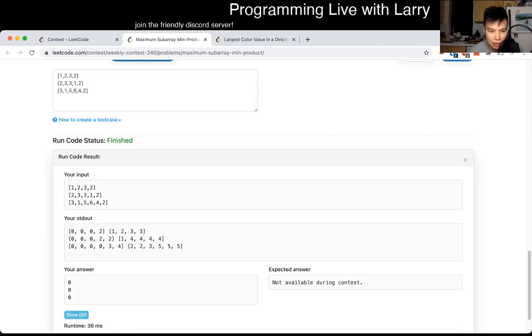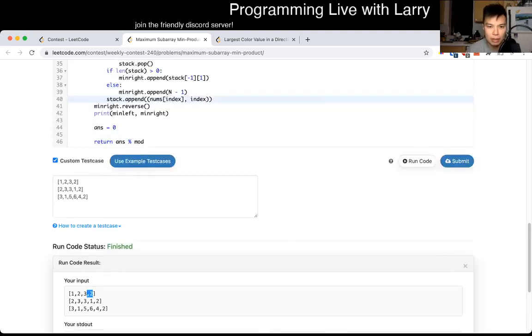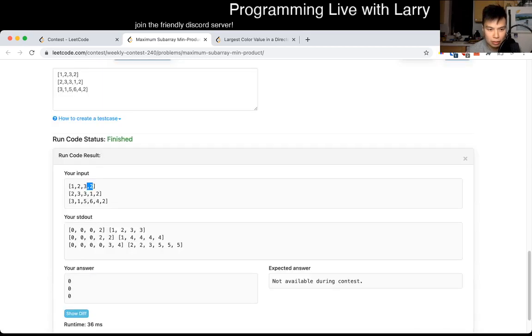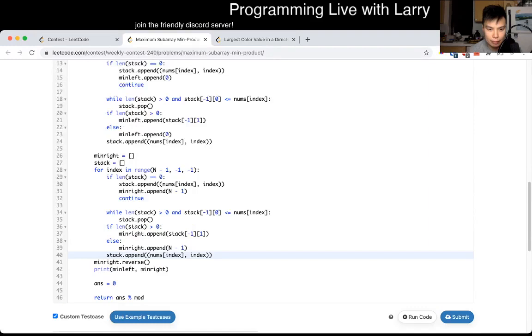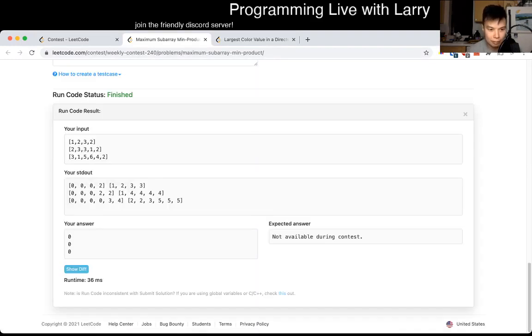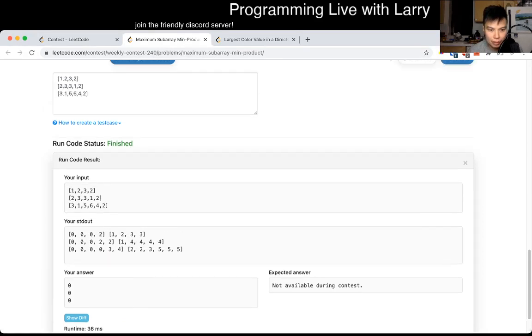The 1 should not be 1. The 1 should go all the way to 3. This should go all the way to 3 as well. Now, why is this wrong? What am I doing? And this is just not right.